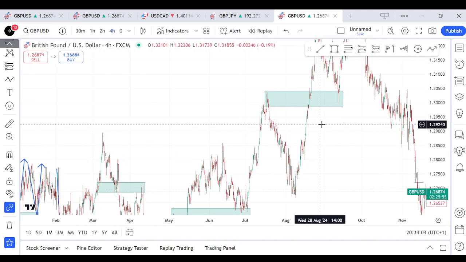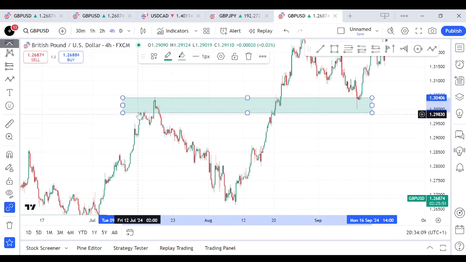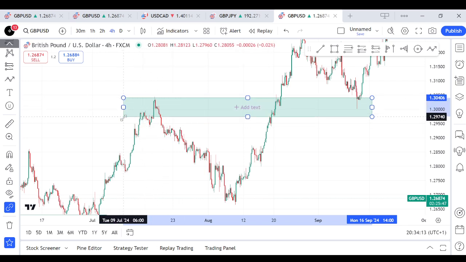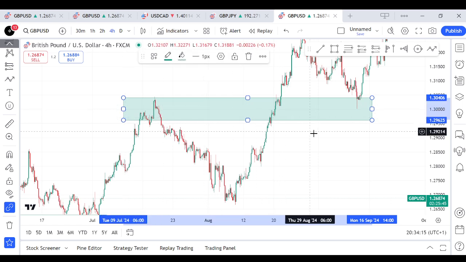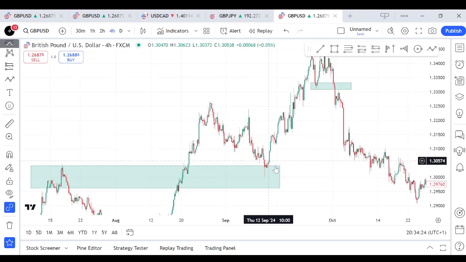And this is another one. You can see we had this push to the upside, price failing to go beyond the zone right here. So it's expected that we should actually respect this resistance zone, but price violated it and we had this retest.